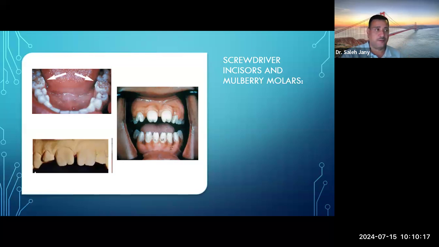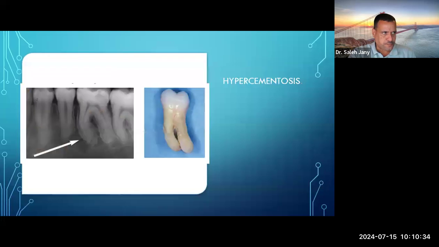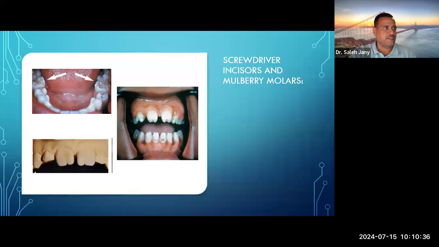But the teeth will be very obvious. The central incisors will look like screwdrivers. The molars will be mulberry molars, with a blueberry shape. This is called congenital syphilis. The treatment is a crown. You do the crown on it.